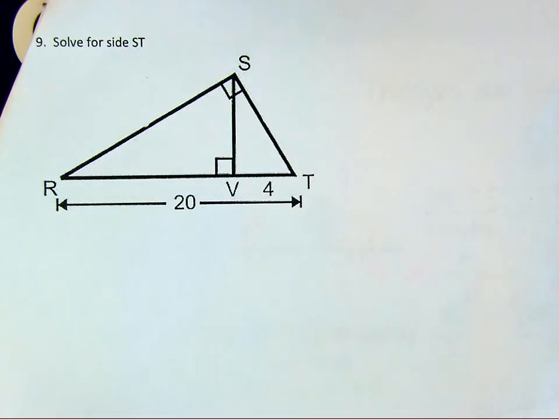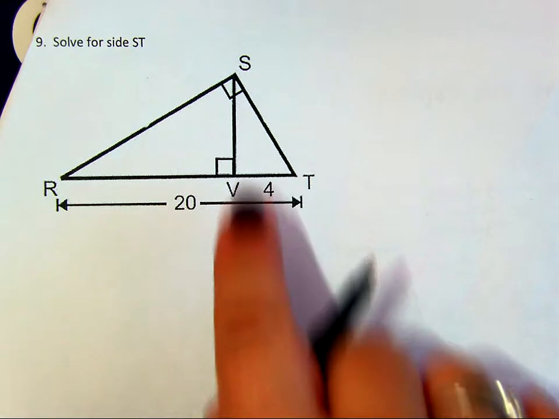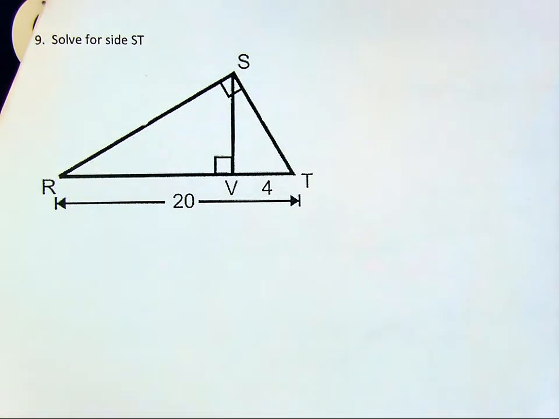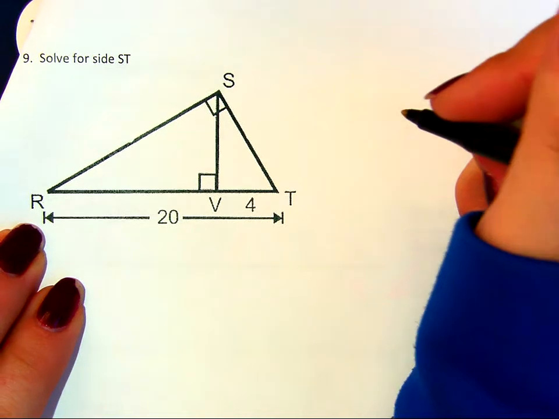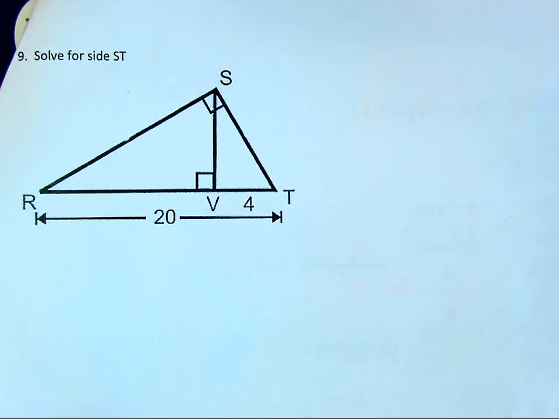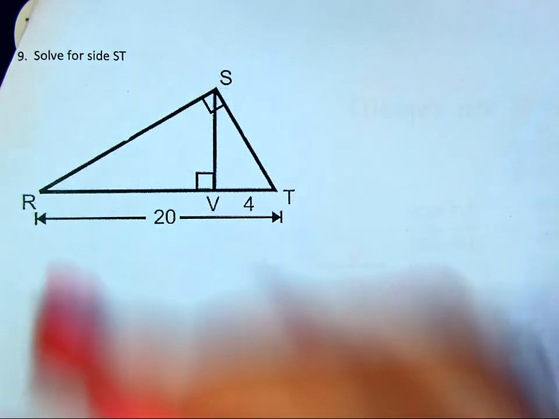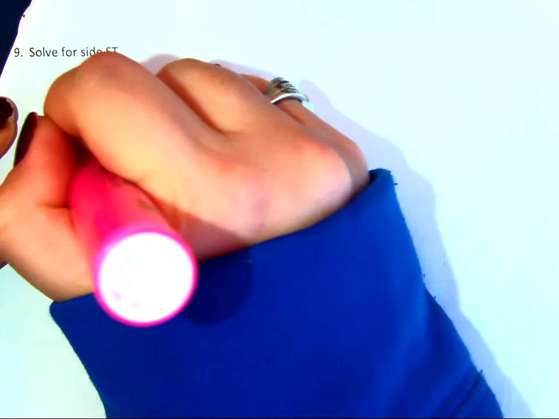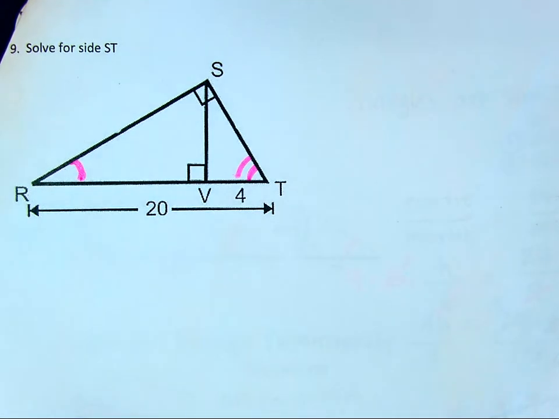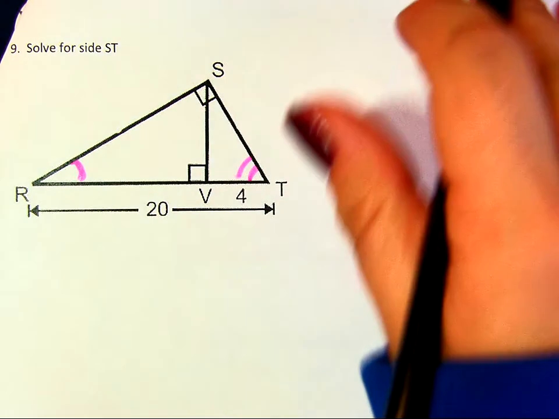Now number 9, solve for side ST. And I have 3 triangles here that are all with different orientations. So the first thing I'm going to do is mark up my angles so that I can do this properly. I'm going to redraw these 3 triangles so that they all have the same orientation.